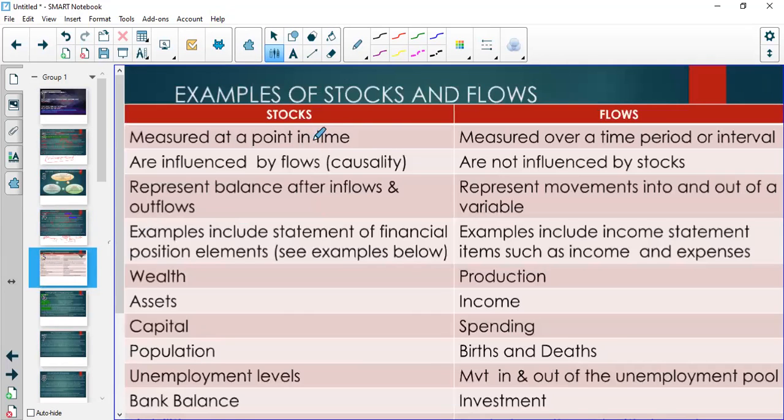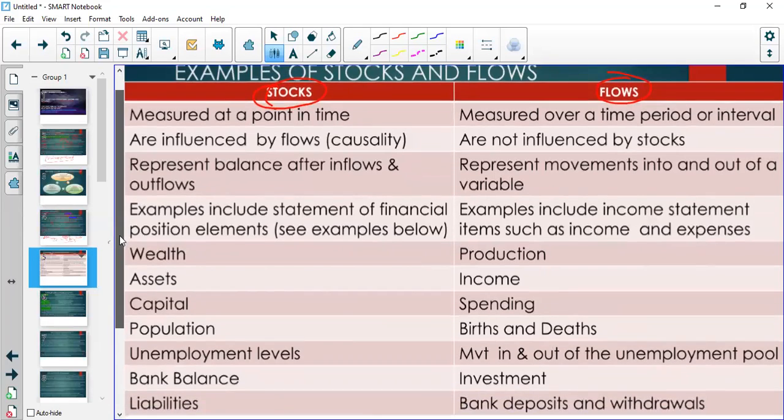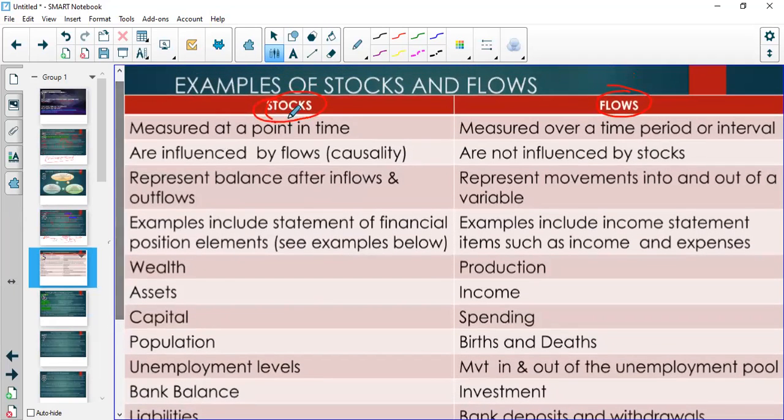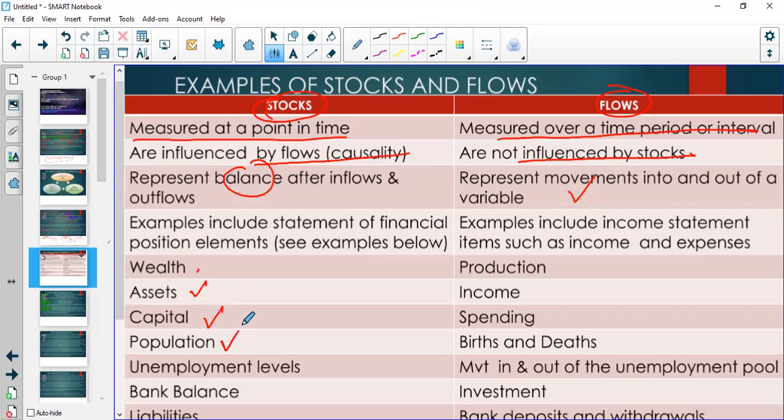So what I did here is that I gave you examples of stocks as well as flows, right? Flows are anything that is going to come in or go out. Then a stock is what's left remaining. It is measured at a point in time, and flows are measured over a period. A stock is influenced by flows, it's not influenced by stocks. It represents the balance, while flows represent the movement. Examples could be your assets, your capital, your population.